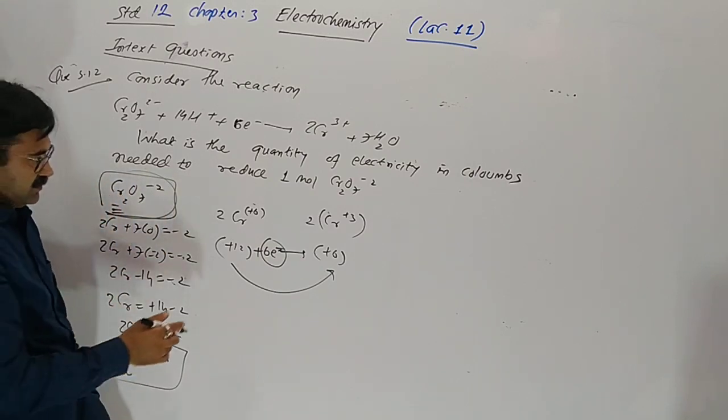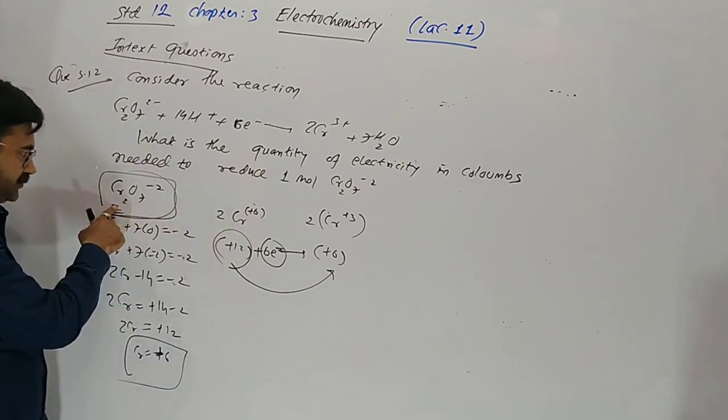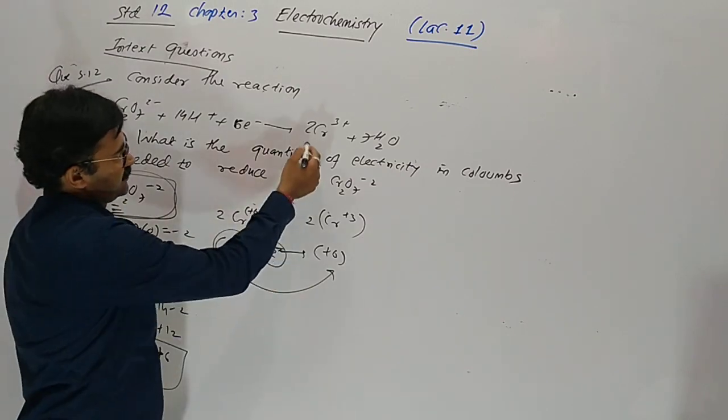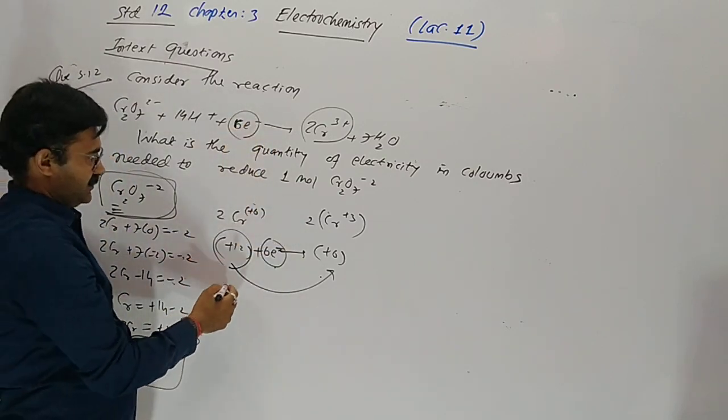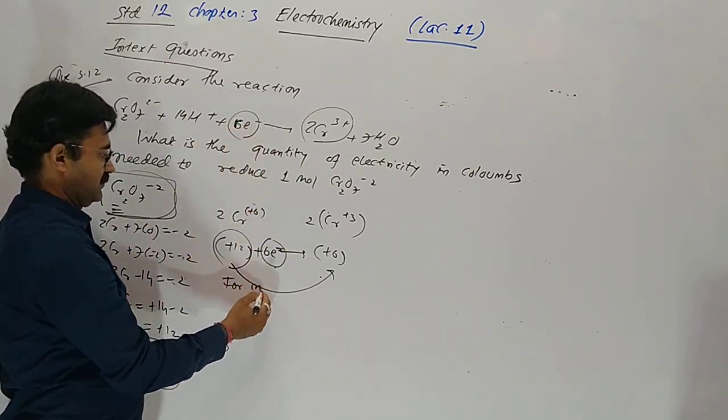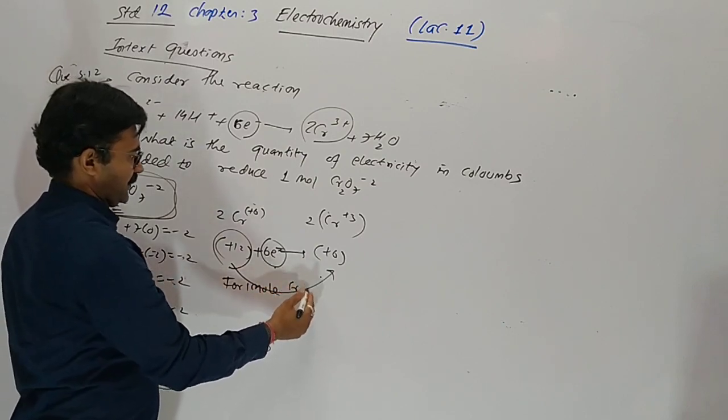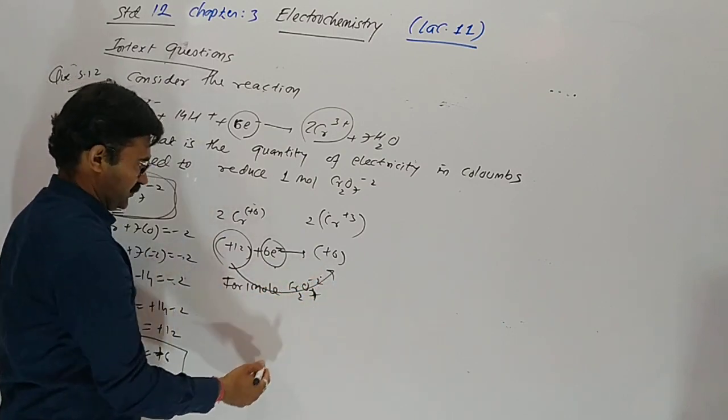In 1 mole, total oxidation number of chromium is plus 12 and it converts into plus 6. So 6 electron is gained for 1 mole of Cr2O7 2-.